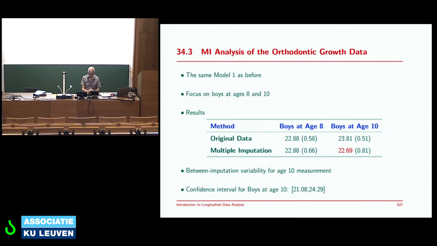Okay, if you remember the analysis of the orthodontic growth data set, we did that using a few simple methods, but also using ignorable likelihood, direct likelihood. And if we apply model 1, again, remember, that's a broken line for boys with 4 points, a broken line for girls also with 4 points, and an unstructured 10-parameter variance-covariance matrix.